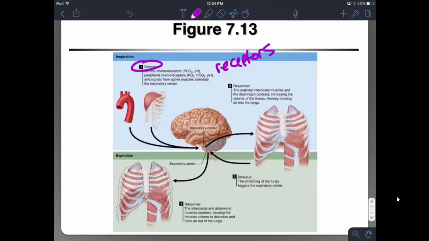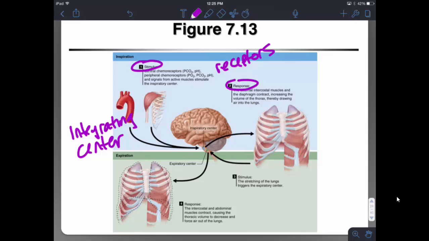We have an integrating center that sends out information about responses. And then we have the final effect, which helps maintain essentially homeostasis, matching supply and demand and the need for whatever's going on at that period in time.